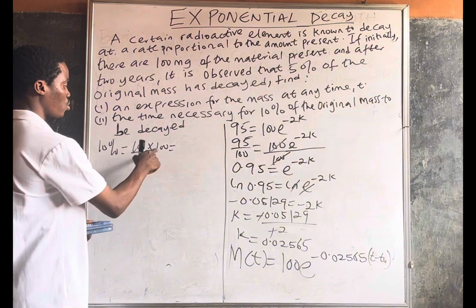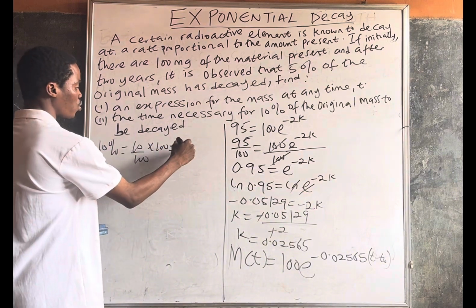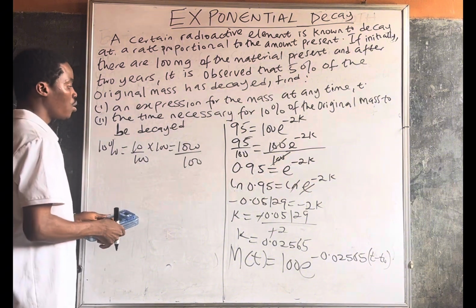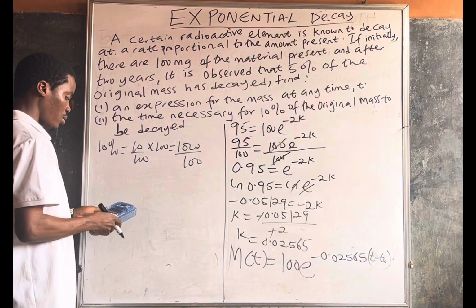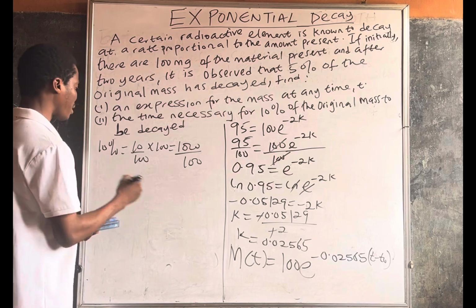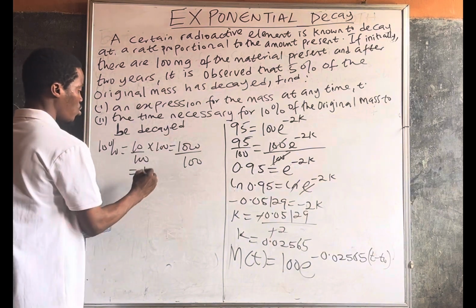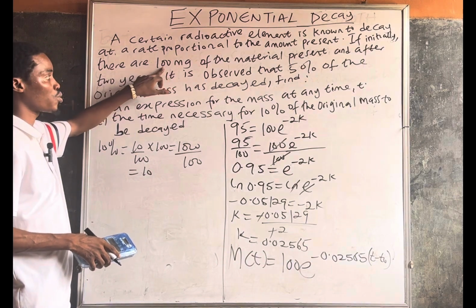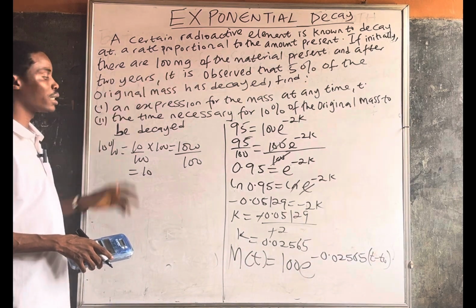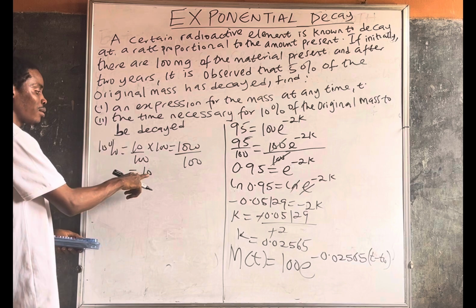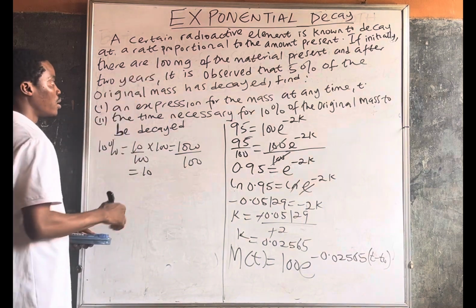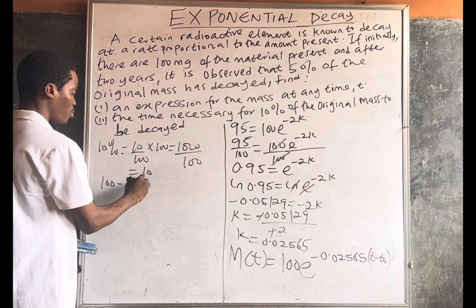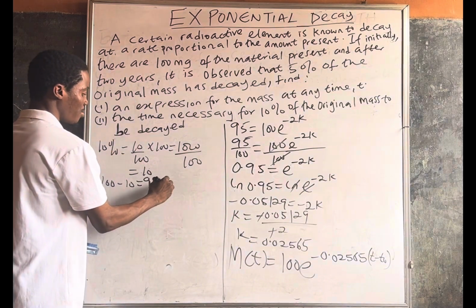So 10 times 100, we have 1000 all over 100. 1000 divided by 100, we are going to get 10. Our initial mass we are given is 100 milligram, so we have to subtract 10 from 100 milligram. We have 100 minus 10, we have 90 milligram.